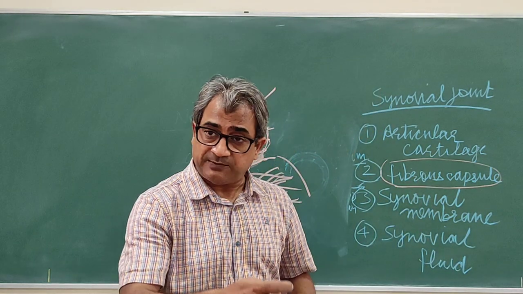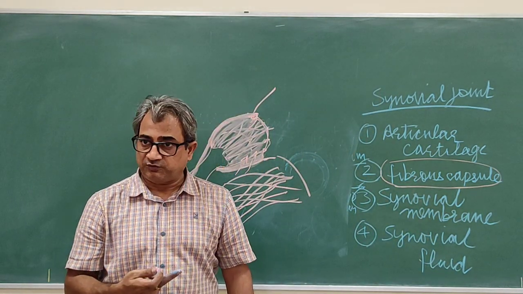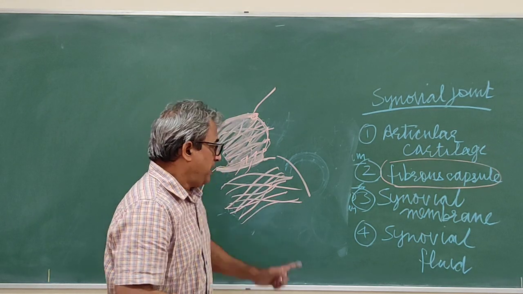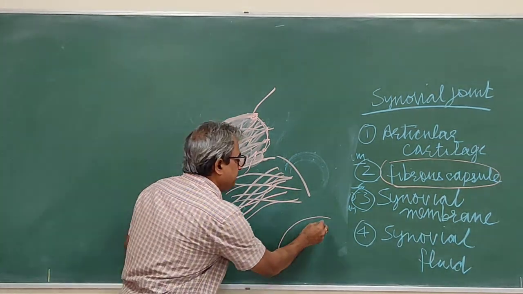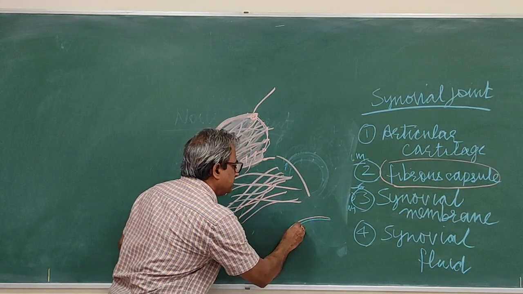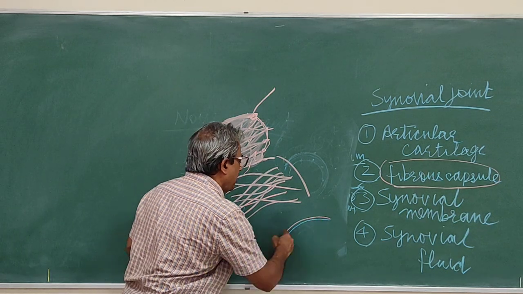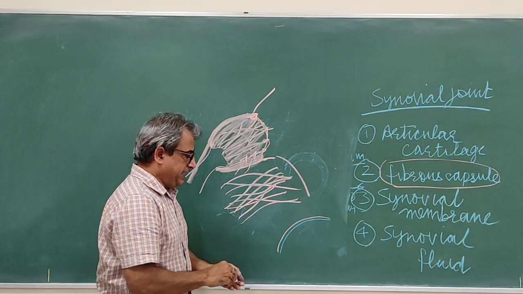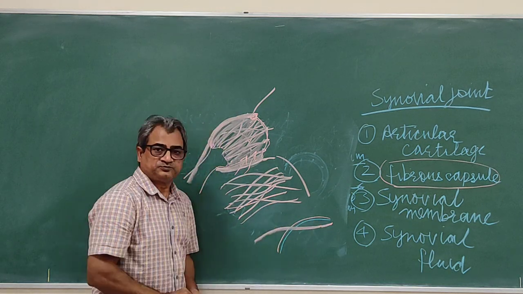And we know that the fibrous capsule on the internal side is covered by the synovial membrane. So actually what happens, say if this is a synovial membrane, it is covered inside by the synovial membrane, and the outer side is the fibrous capsule. A tendon is coming from inside to outside. Fine.